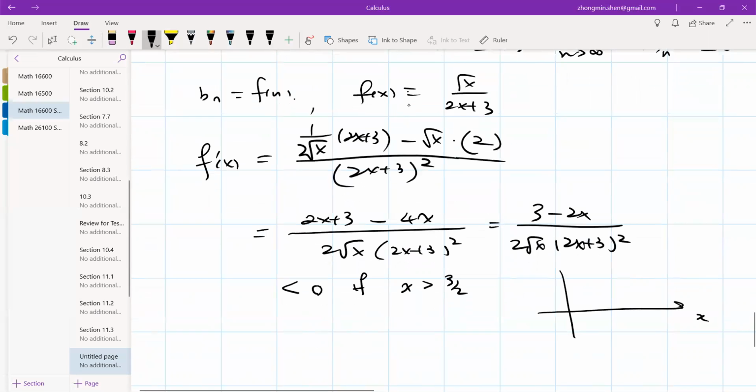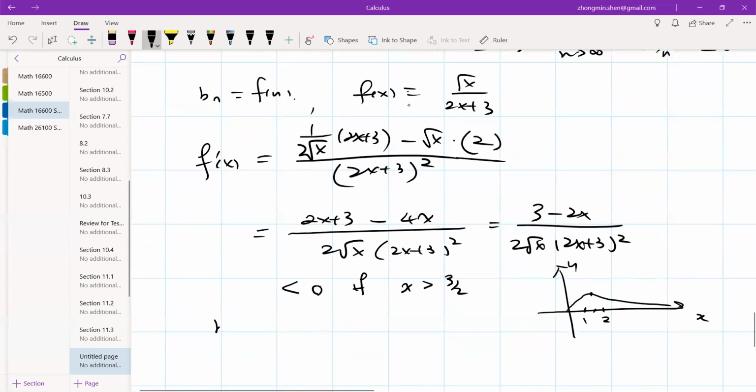Here's 1, this is 2. When x equals 0, the function goes up and goes down like that. This is half of it. So really after 2, it's again going down.